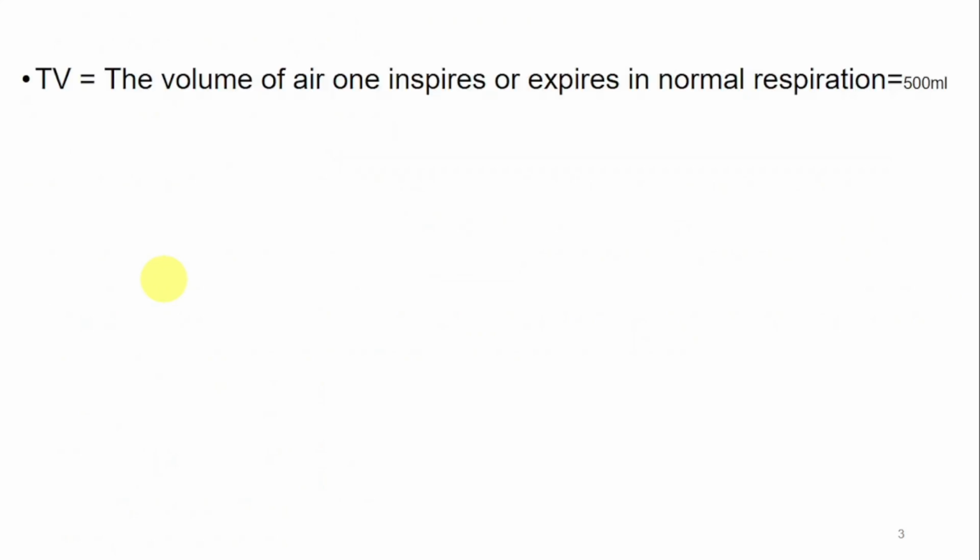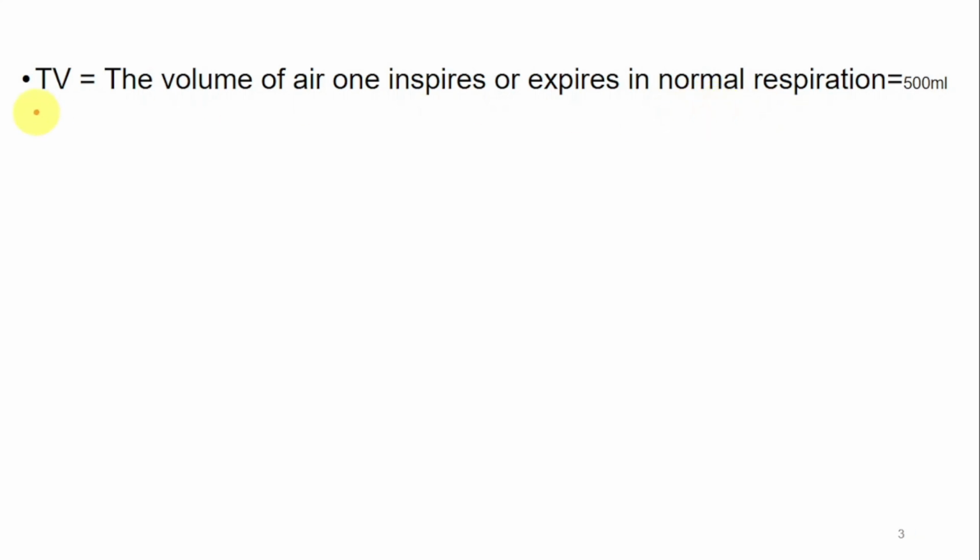So first things first, TV. This is tidal volume. Tidal volume is the volume of air one inspires or expires in normal respiration. So the important highlight is you have to remember whether the breathing in the respiration process is normal or forcible.